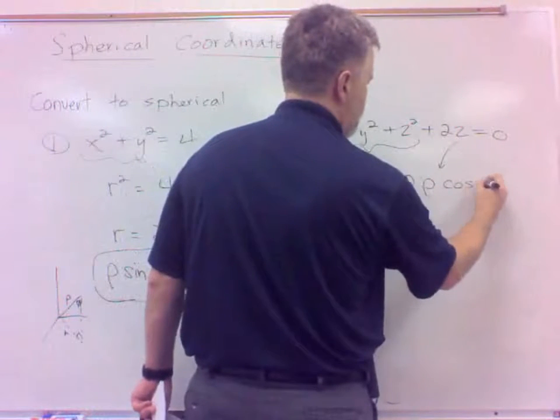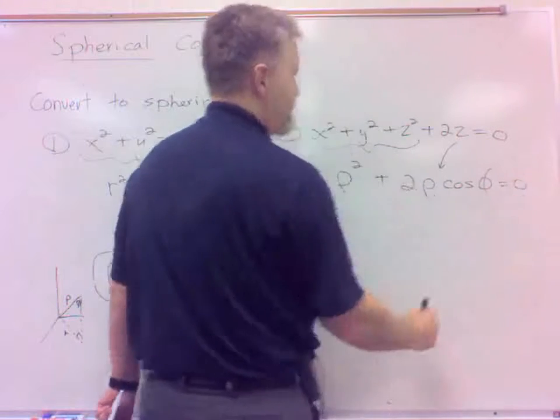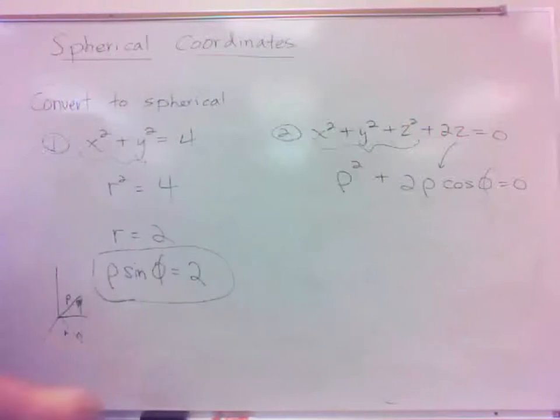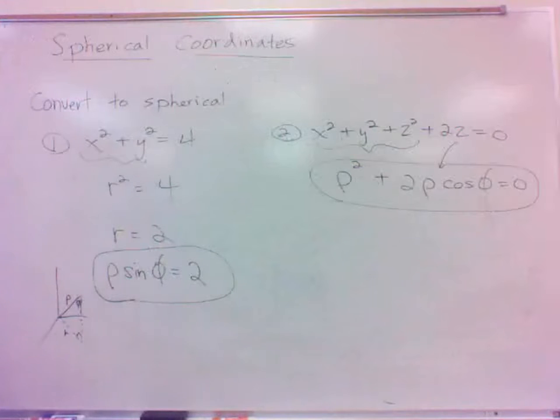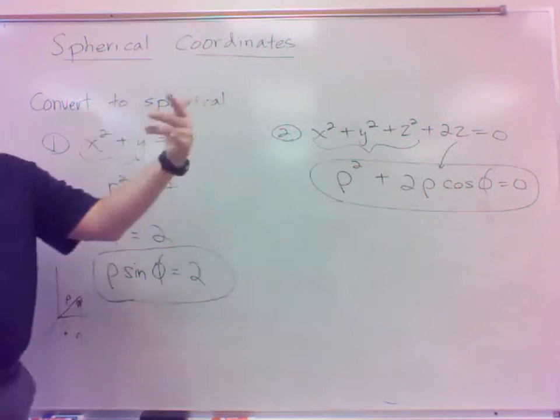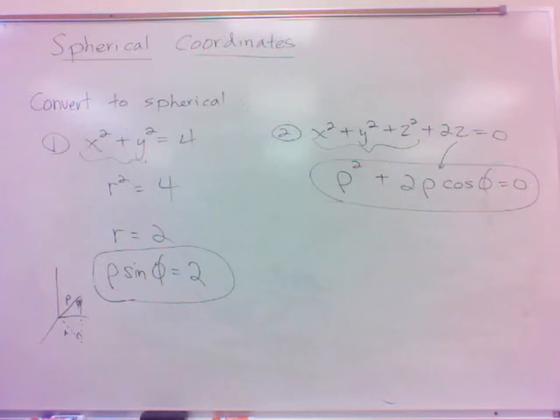So this is actually maybe an easier one than the first one. So that would be the equation in spherical coordinates, which is going to be a sphere shifted a little bit, I guess 2 units down, or square root of 2 units down. But anyway, yeah, okay.